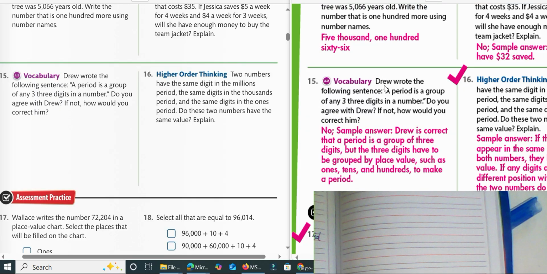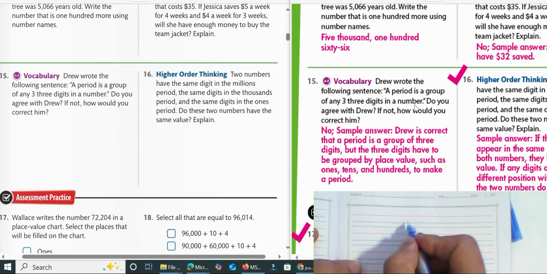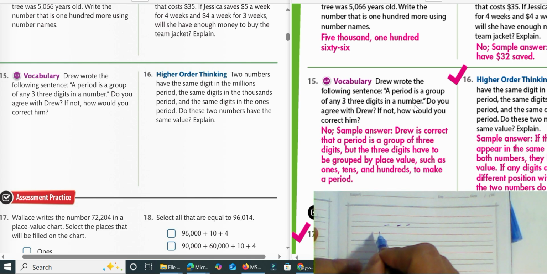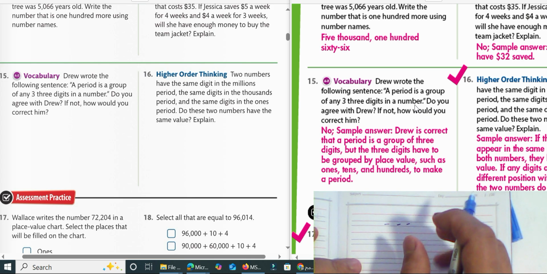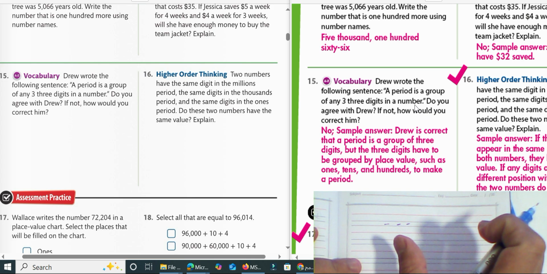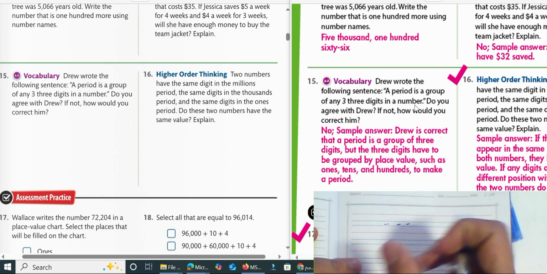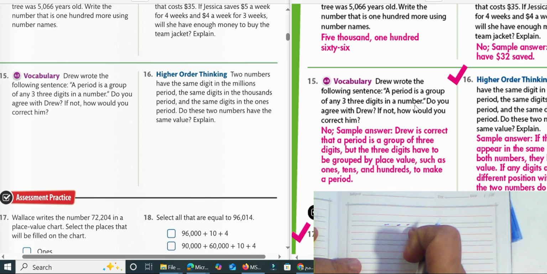Understood? Again, Drew wrote the following sentence: a period is a group of any 3 digits in a number? No, don't agree with him, because we must arrange them. We must start from ones, tens, hundreds. Okay, the period is a group of 3 digits, in order from right: ones, tens, hundreds.